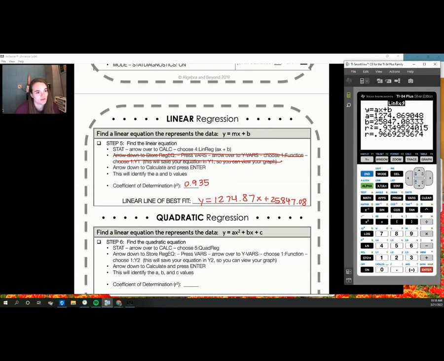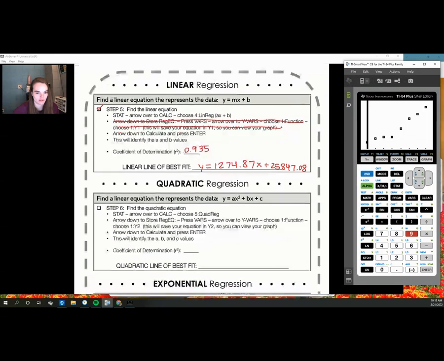I rounded to 2 decimal places because we're actually talking about money here, okay? That is what our linear regression looks like. I've completed linear regression. All that means is I'm writing the equation of a line that matches this data that we've been looking at. I wrote an equation of this data, okay?